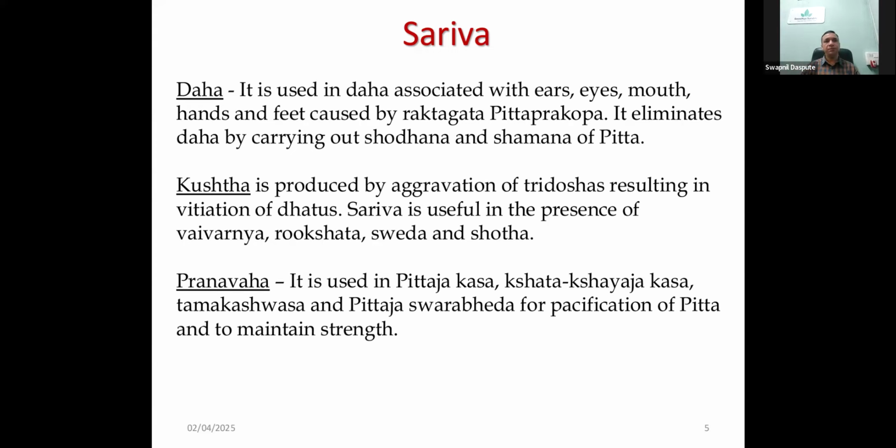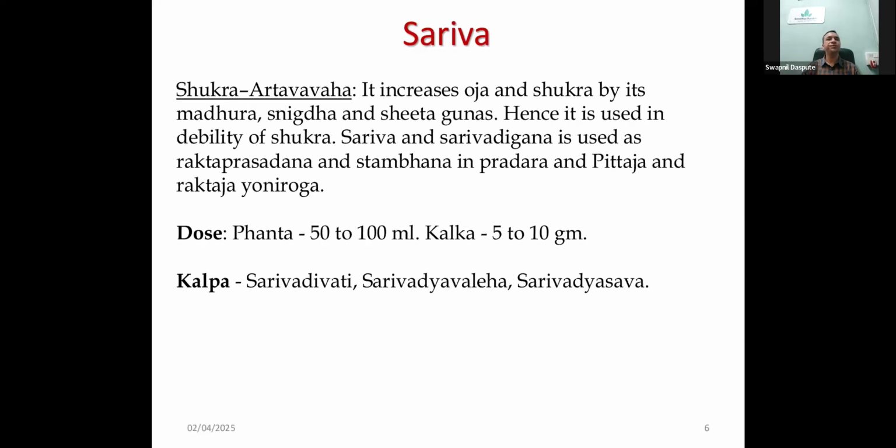Tamaka Shwasa, we have seen what is Tamaka Shwasa and Pittaja Bheda. So Pittaja conditions basically in Pranavaha Srotas, Sariva can be used. Swara Bheda for pacification of Pitta and maintain strength of that particular affected organ in Pranavaha Srotas, Sariva can be used.